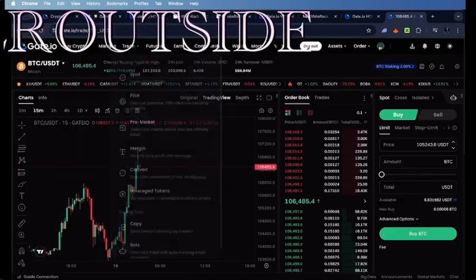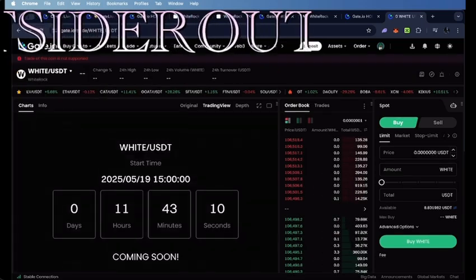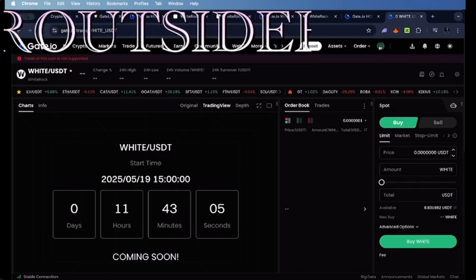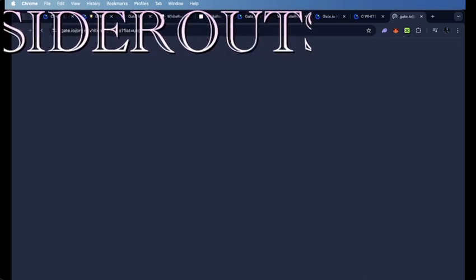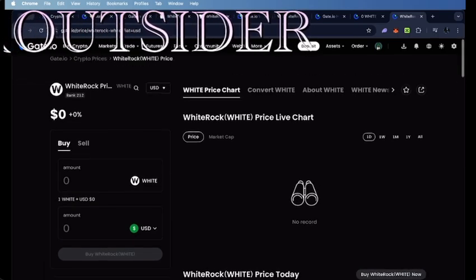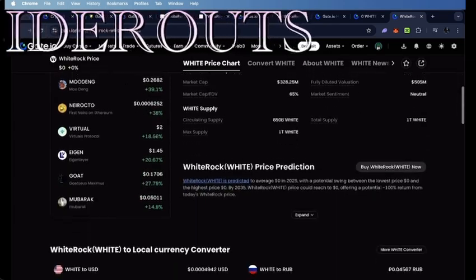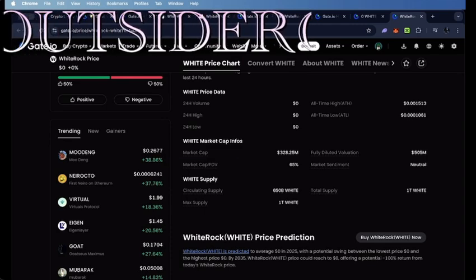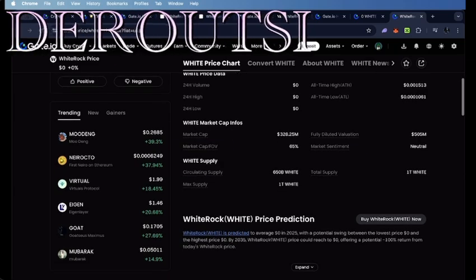Okay, let's check from here. Trading starts in 11 hours, 43 minutes. Let's see what's going on here. Okay, circulating supply is 650 billion WHITE, and max supply is 1 trillion.